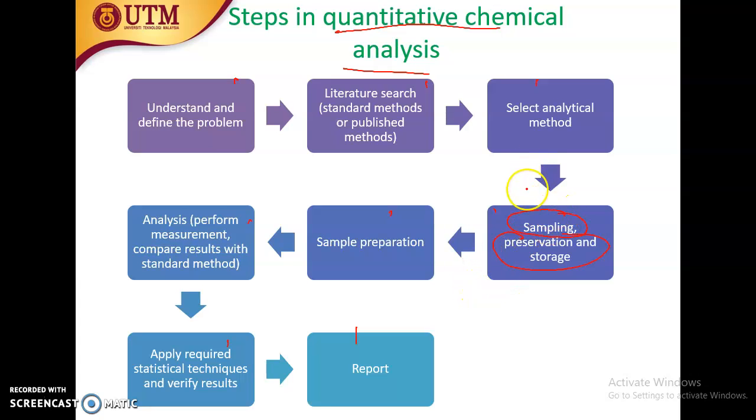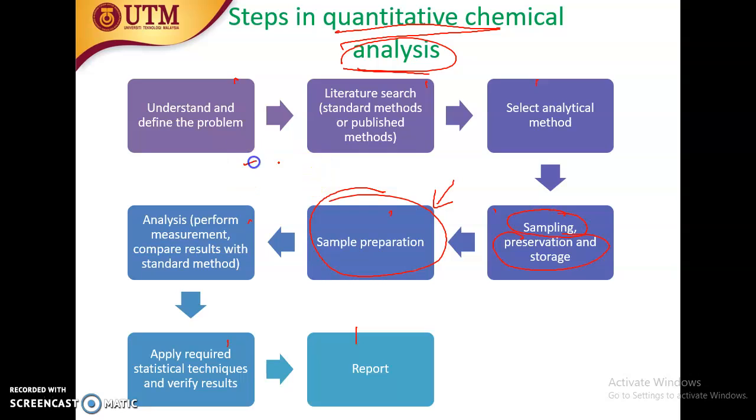So where does the sample preparation stand in? It's this one. That's why, in the first place, I want to introduce what quantitative chemical analysis is, rather than jumping into sample preparation, which is in the middle. Without understanding all this, it is very difficult for us to understand, especially if you are not from a chemistry background.